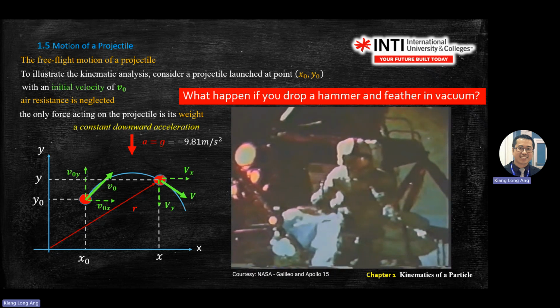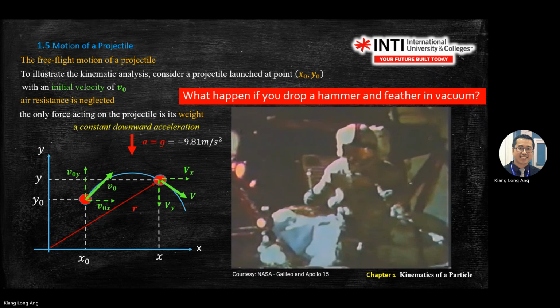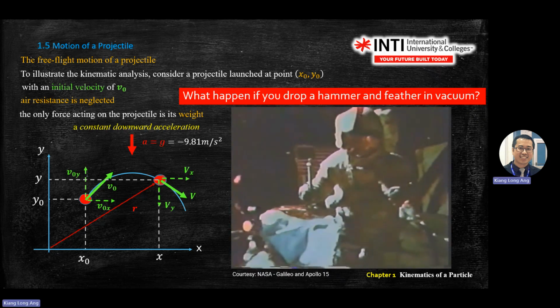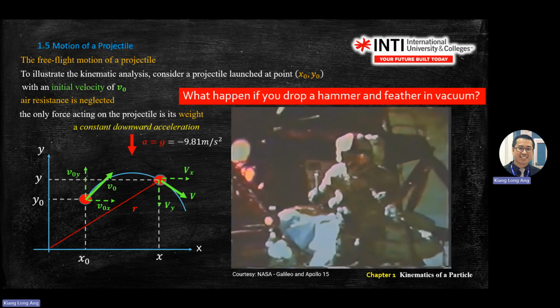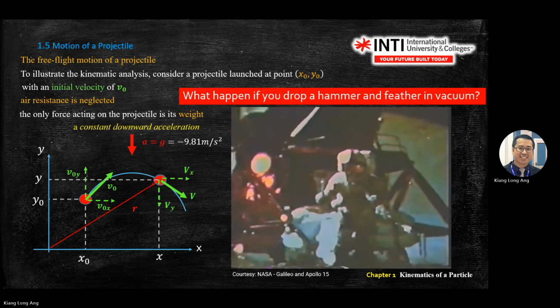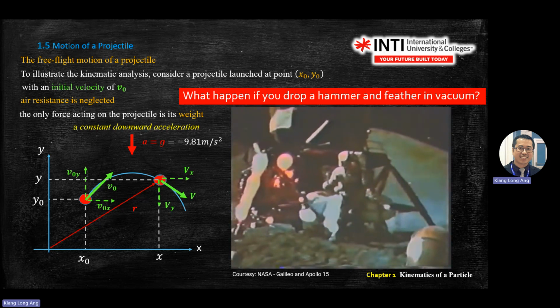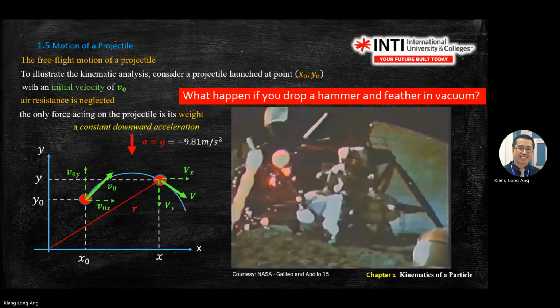This astronaut has a hammer and a feather in his hand, then he dropped the two objects at the same time. Of course, on the moon, the gravitational acceleration is not 9.81. It is weaker than the Earth. So the objects reached the ground at the same time when you drop them in a vacuum.